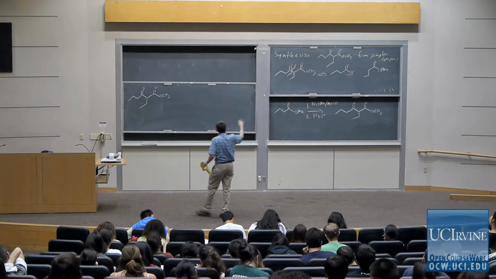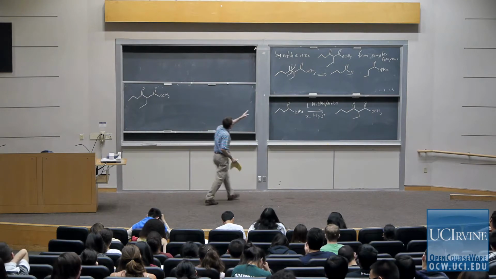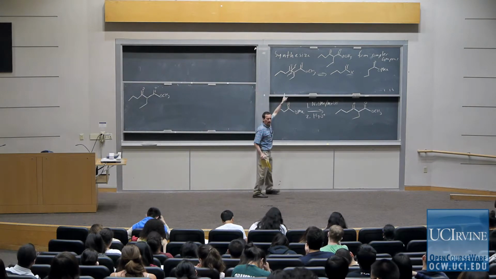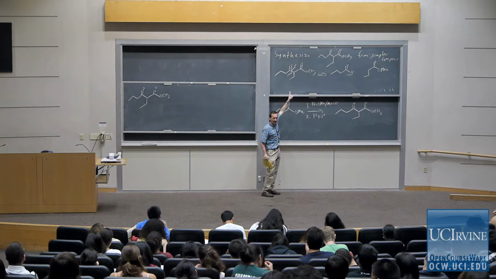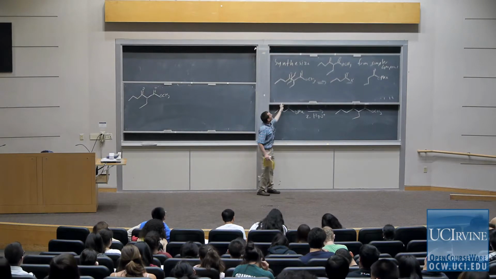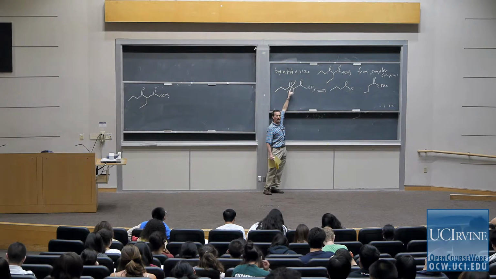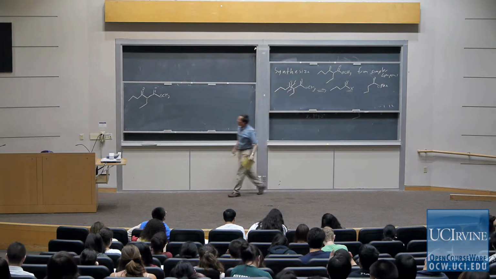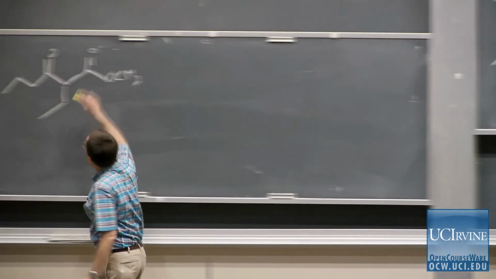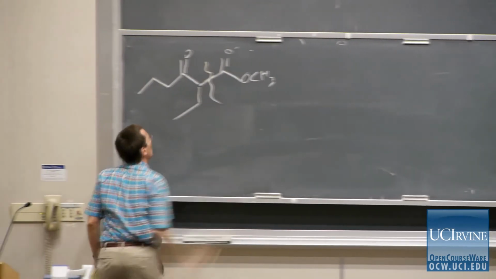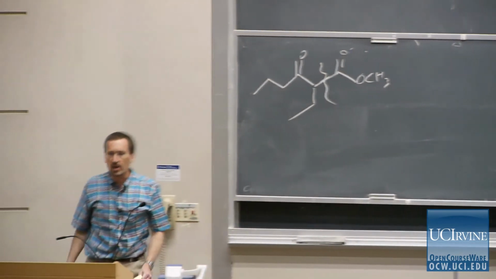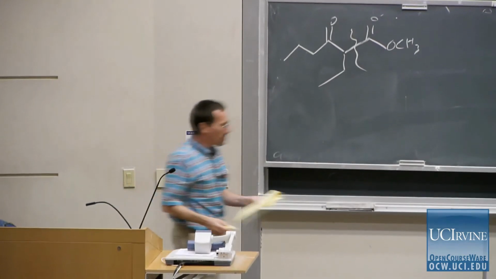And so one person can look at the alpha beta unsaturated carbonyl compound I've drawn here and say, I'm going to break this bond between the alpha carbon and one of the carbonyls. And another person can go ahead and look at the same molecule and say, I'm gonna break that other carbon.